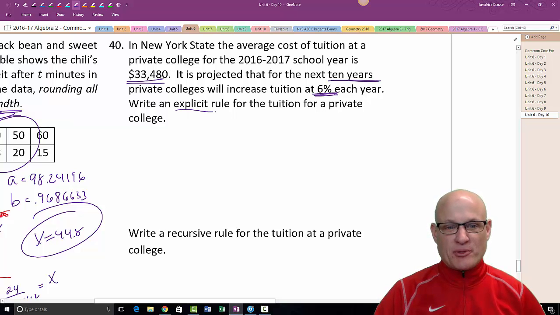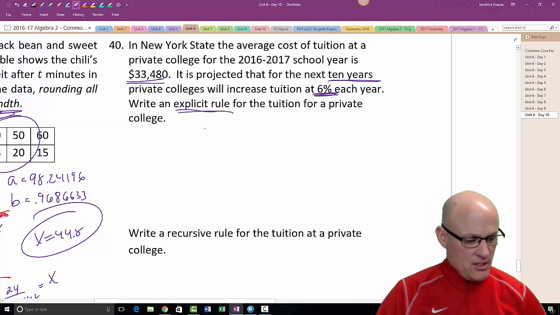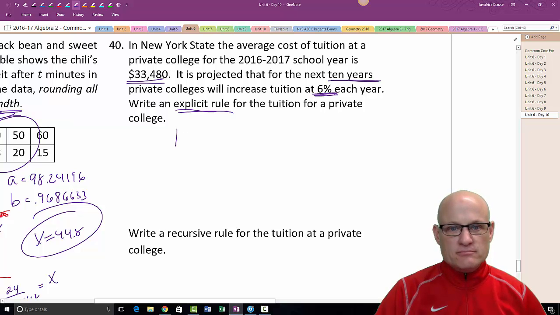We want to write an explicit rule. So how about cost over time? C of t is equal to the starting value, 33,480.